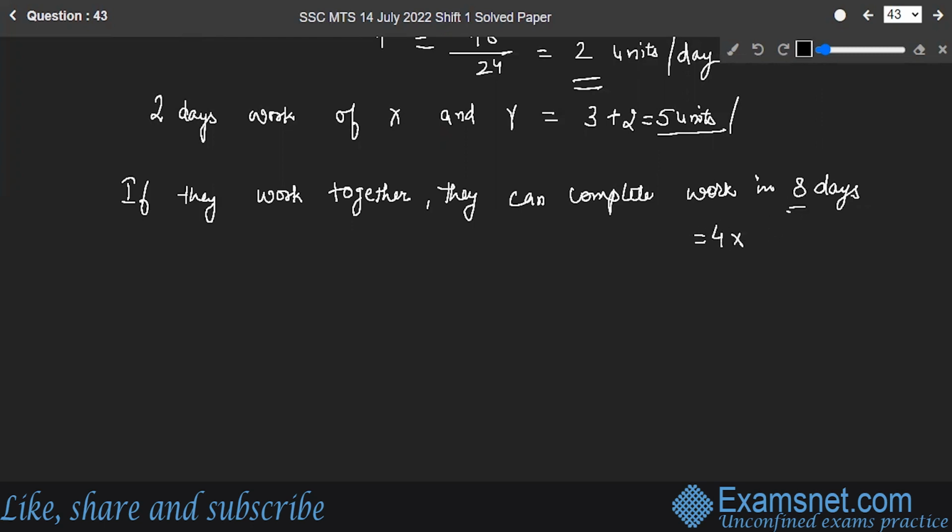So in 8 days, how many pairs will be there? There will be 4 pairs, since they work in pairs of 2 days. So 4 into 5, that is, they will complete 20 units of the work.